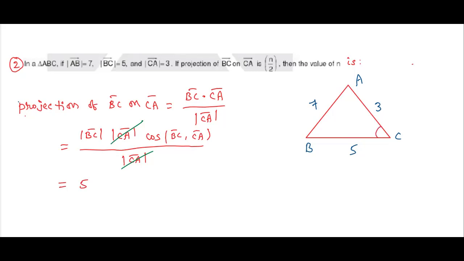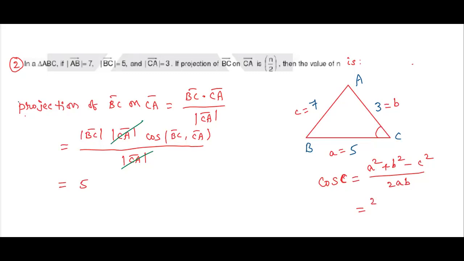Here use the cosine rule. Cos C. What is the formula? A square plus B square minus C square divided by 2AB. This is the formula, this capital C. So here A value is 5, B value is 3, C value is 7. Substitute here.